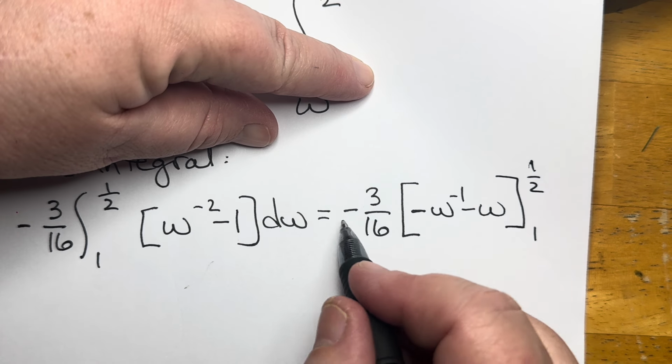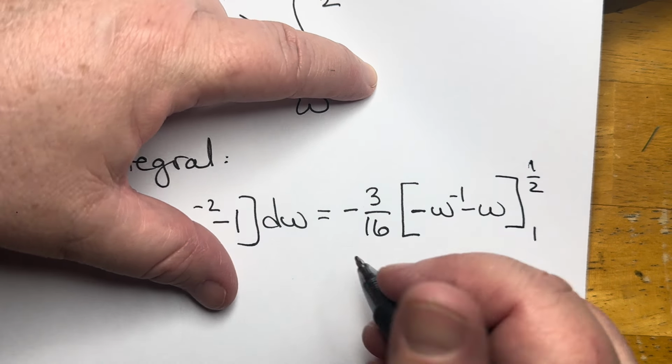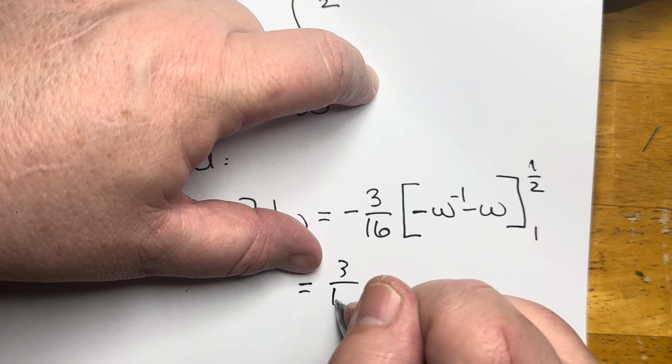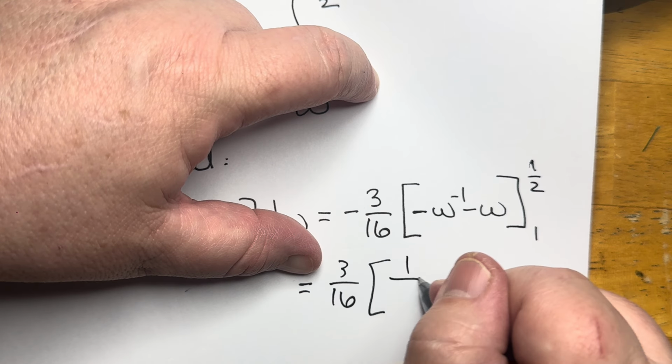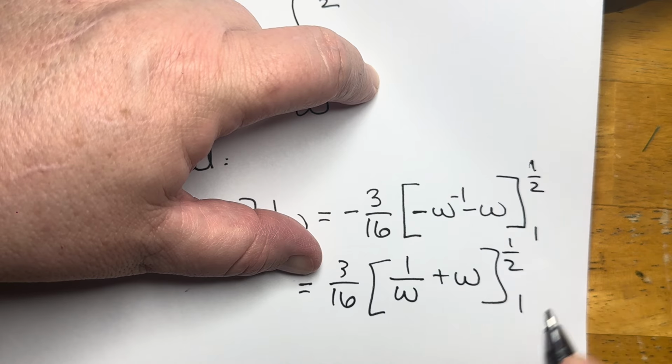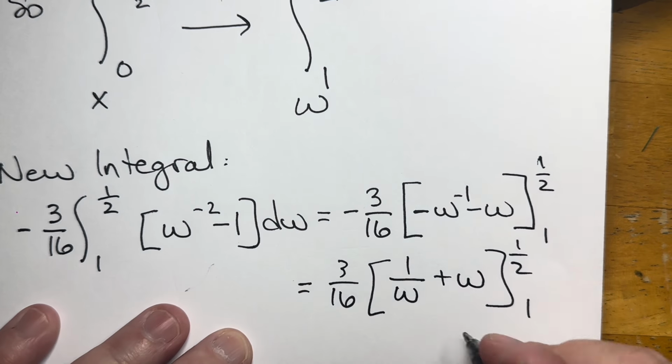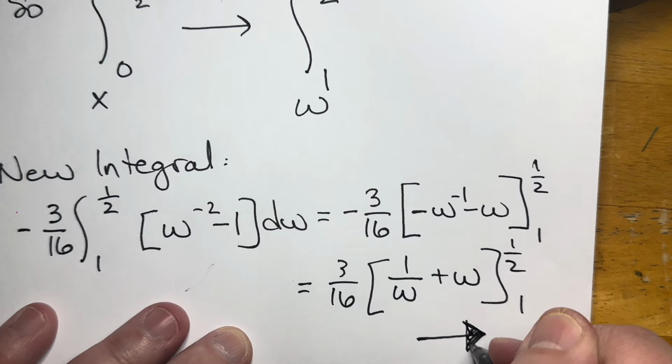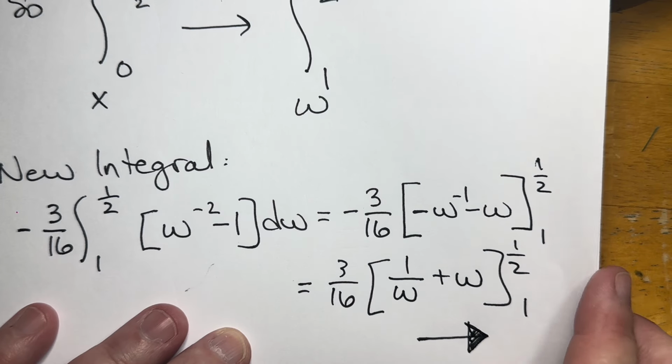And then we said, oh, let's cancel out all the minuses. So we get 3/16 times 1 over w plus w from 1 to 1/2. Okay? We are nearly there. This is very exciting. Are you guys excited?